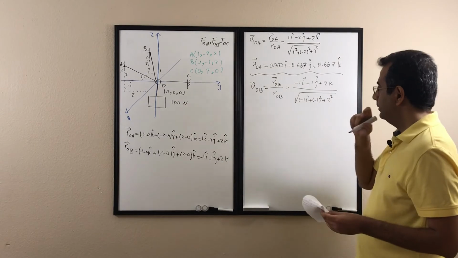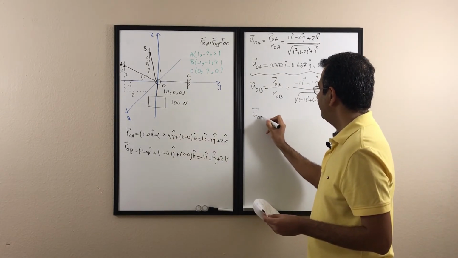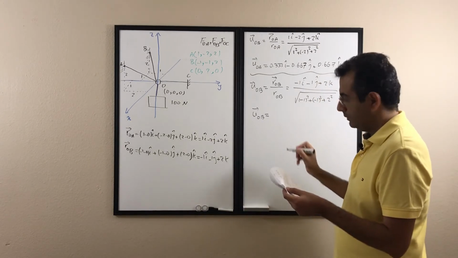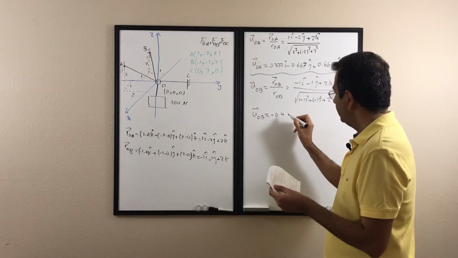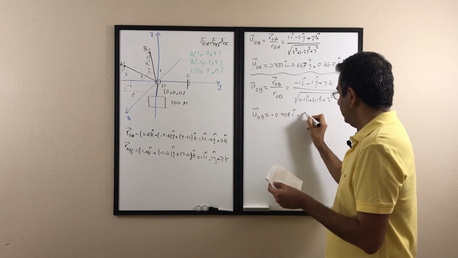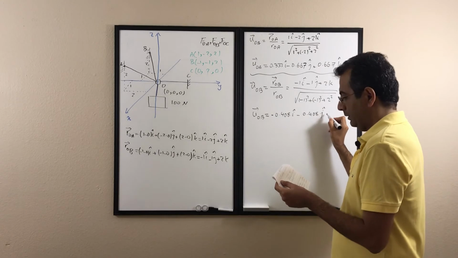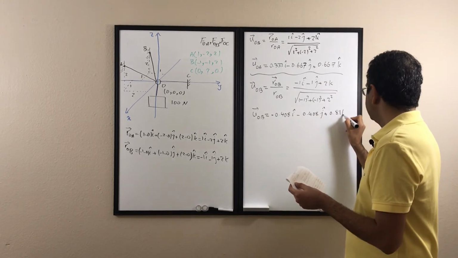If you do the calculation, this comes out as negative 0.408I, negative 0.408J, and plus 0.816K.